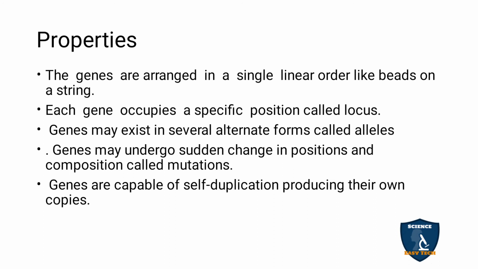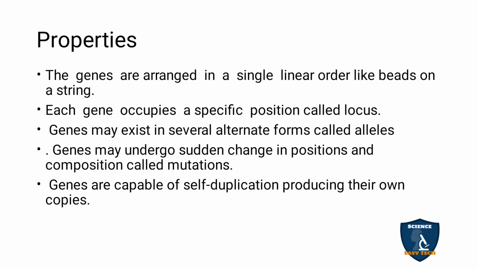The mutation takes place in the genes, due to a sudden change in the environment, or we are inducing the genes to change. Okay. So the genes are capable of self-duplication, producing their own copies. So the genes can replicate, multiply.